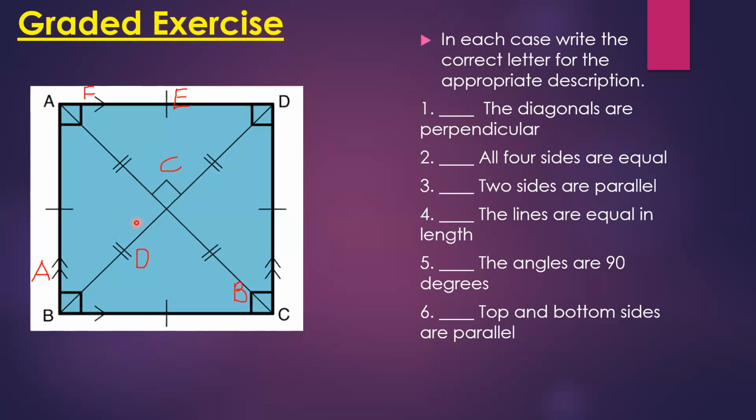I want you to put the correct letter that shows the diagonals are perpendicular; the one that shows all four sides are equal; the two sides are parallel; the lines are equal in length; the angles are 90 degrees; and the top and bottom sides are parallel. So you have to look at this image and use the letters from here to get the interpretation right. All right, so that's how we're going to do it.